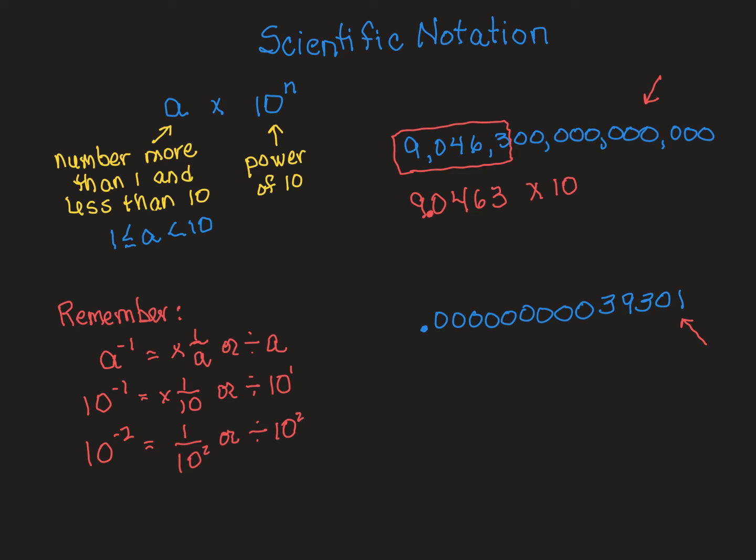If I was here, I would be multiplying by 1, 2, 3, 4, 5, 6, 7, 8, 9, 10, 11, 12, 13, 14, 15. 15 times I'd have to multiply by 10, because every time I move the decimal point once to the right, I'm making it bigger and I'm multiplying by 10. So that's how I know what power of 10 I'm multiplying by. This is the scientific notation for this.